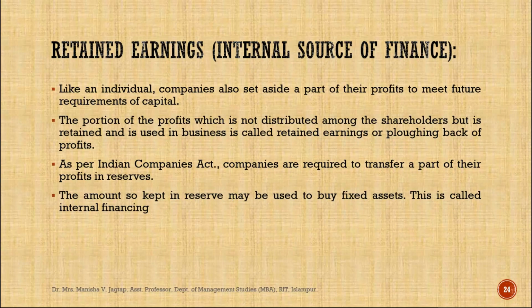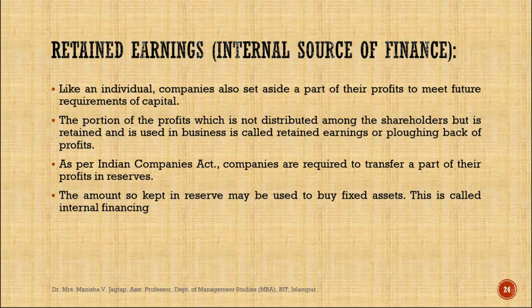That means a company generally does not distribute all its earnings among the shareholders as dividends. A portion of the net earnings may be retained in the business for use in the future. This is known as retained earnings.